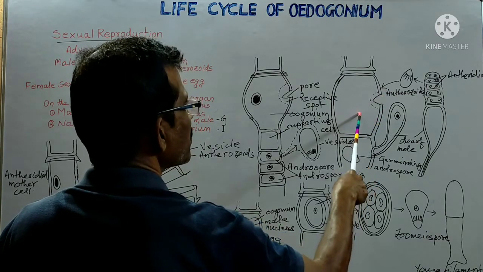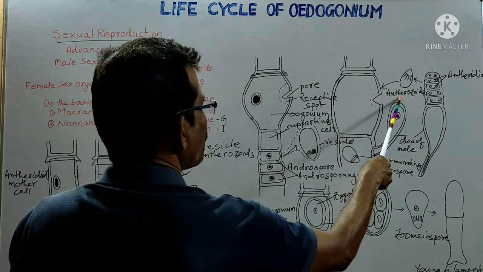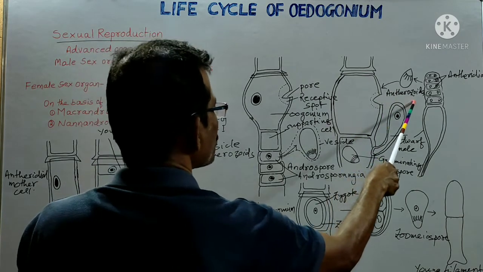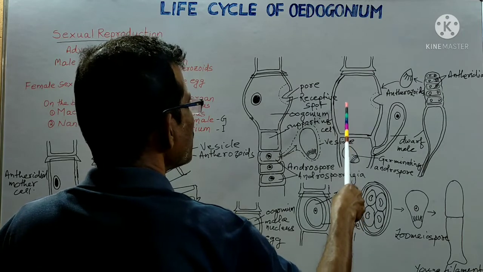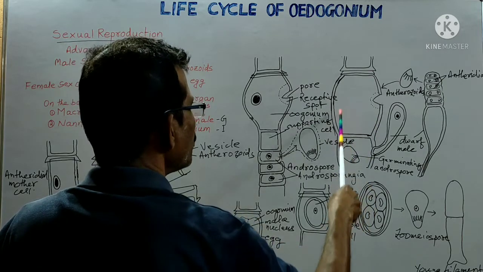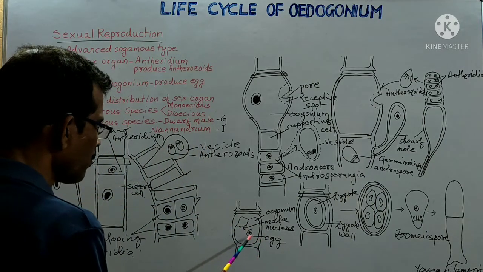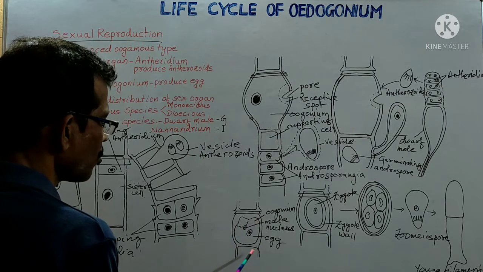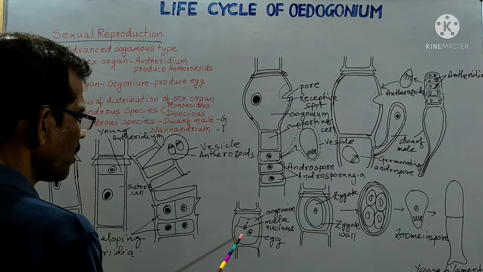So many antherozoids may enter into the oogonium, but only one antherozoid will fuse with the female nucleus that is present inside the oogonium. So fusion occurs between female nucleus and male nucleus inside the oogonium. Fertilization occurs inside the oogonium.